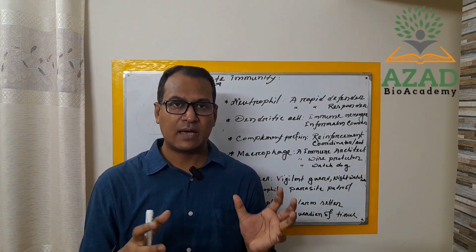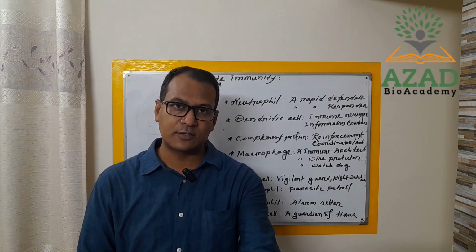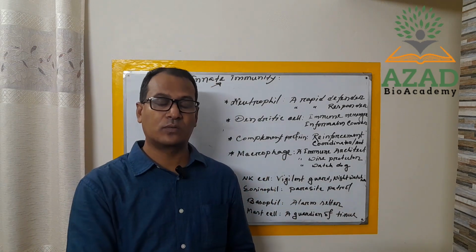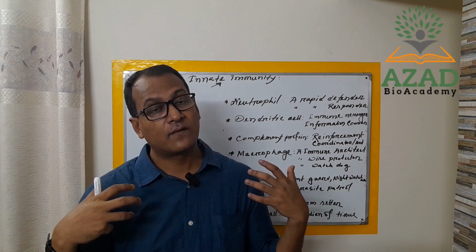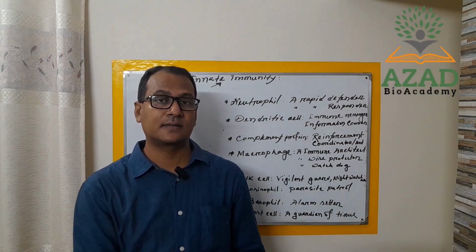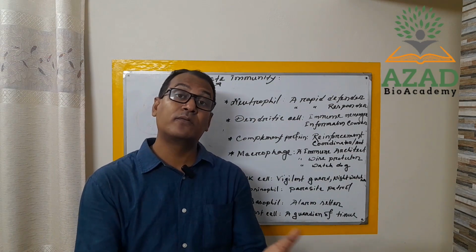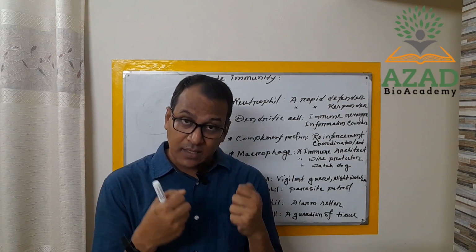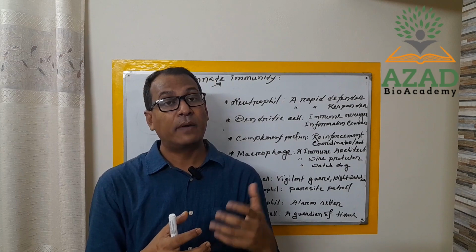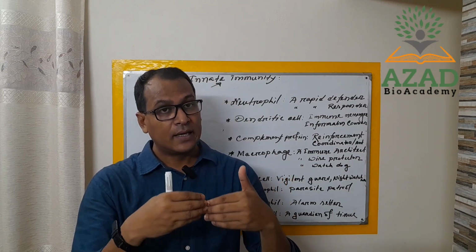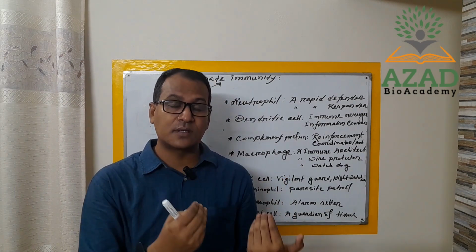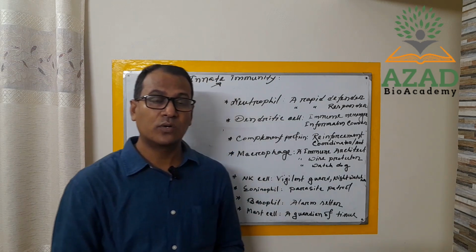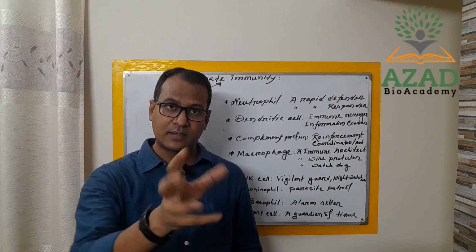That means when microorganisms enter your body, it will quickly attack them. And before entering, of course, your body has innate immunity to make a barrier that will prevent the microorganism from entering your body. Okay, so innate immunity is like that.